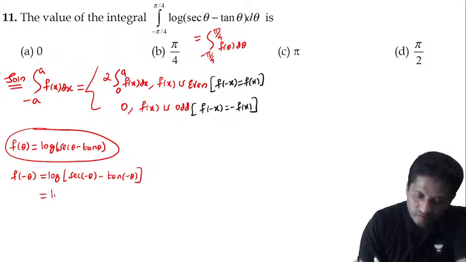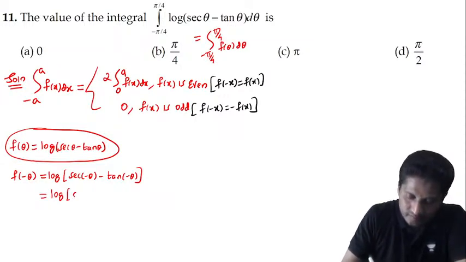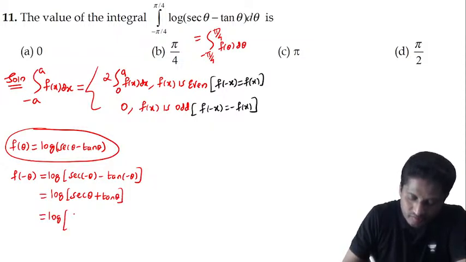Now this is equal to log of, sec of minus theta is plus sec theta, tan of minus theta is minus tan theta, so this becomes sec theta plus tan theta. Just note this step now.